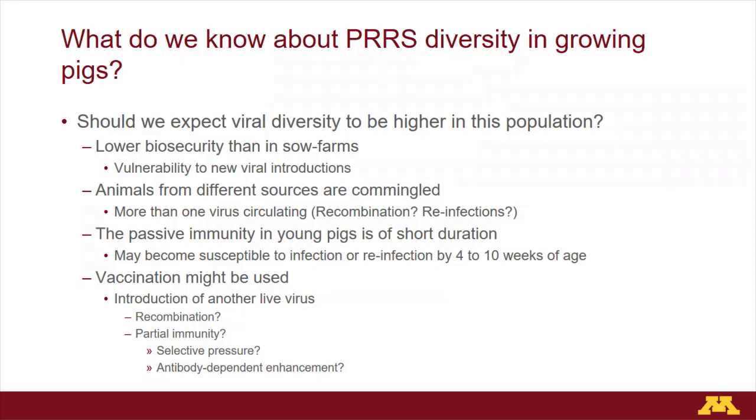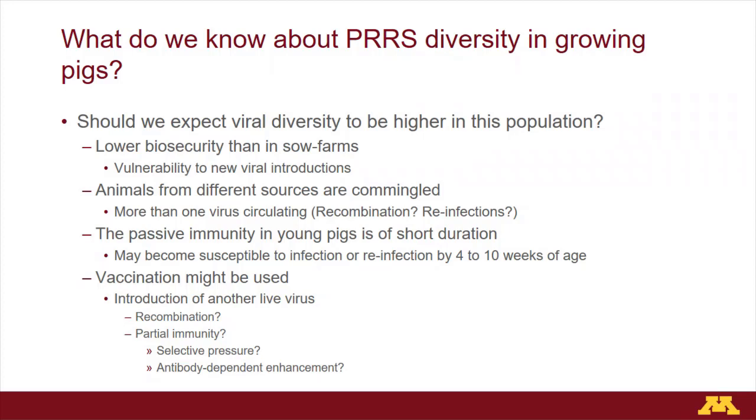Also, it's not unusual that animals from different sources are commingled, so we could expect more than one virus circulating, and this could possibly lead to recombination or maybe reinfections. We don't know many of those things.